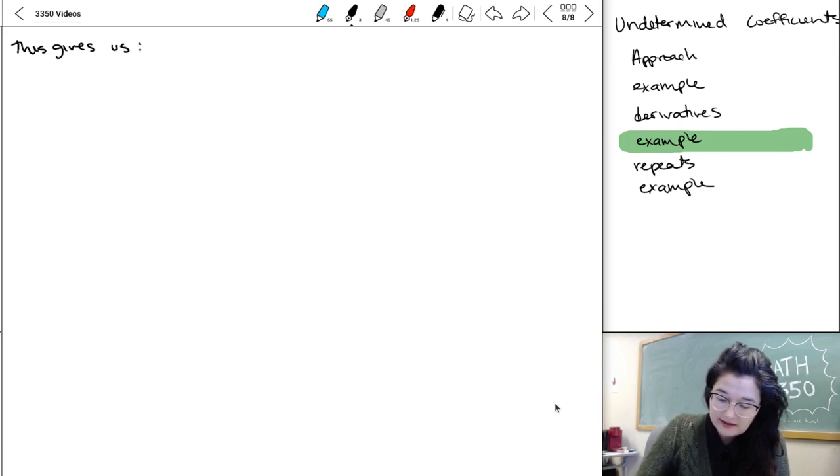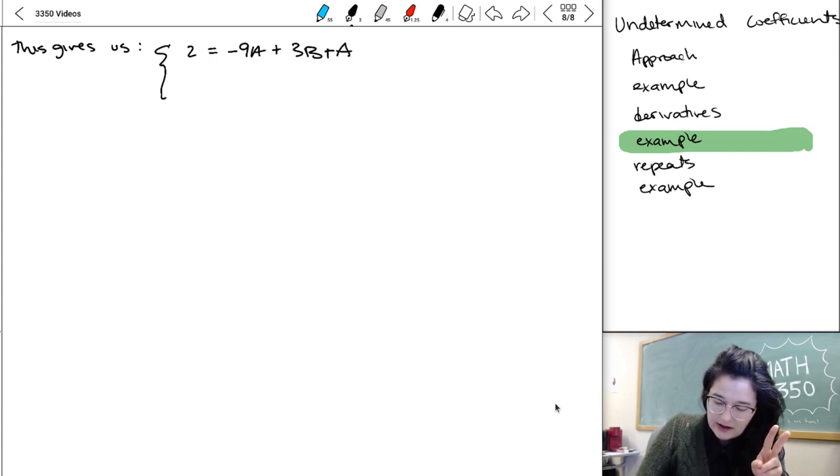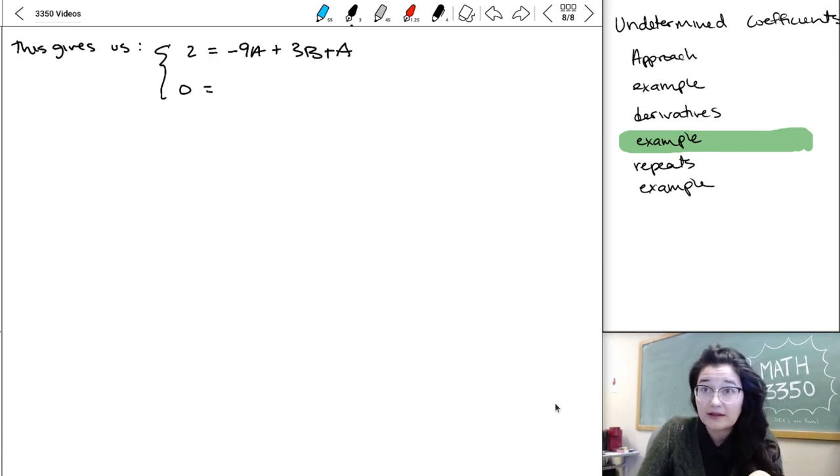This gives us 2 equal to the sine type terms, minus 9a plus 3b plus a, and 0 equal to the cosine type terms. That was minus 9b minus 3a plus b.